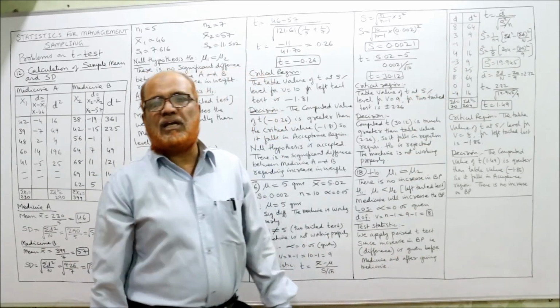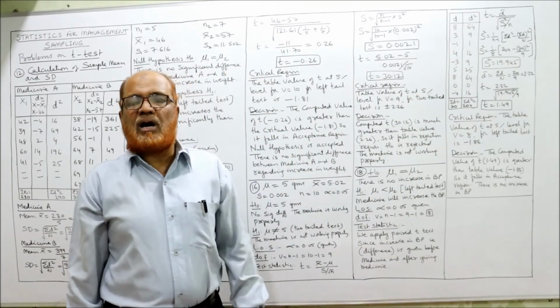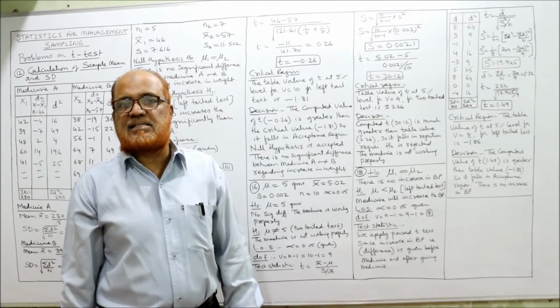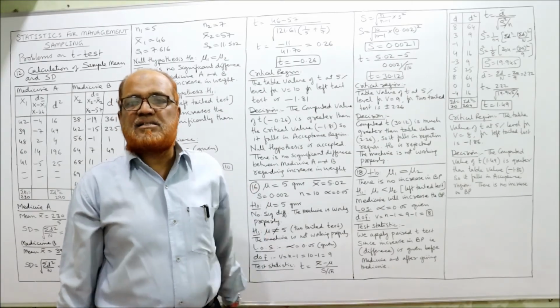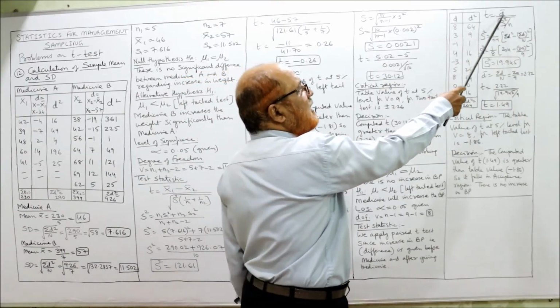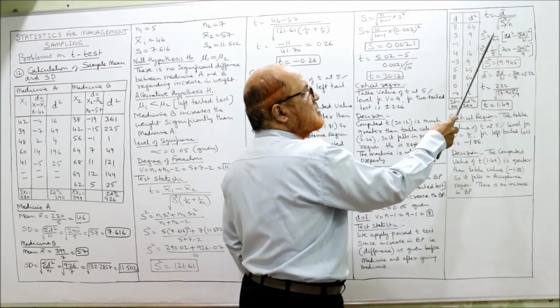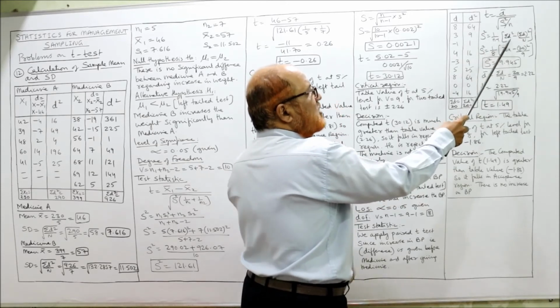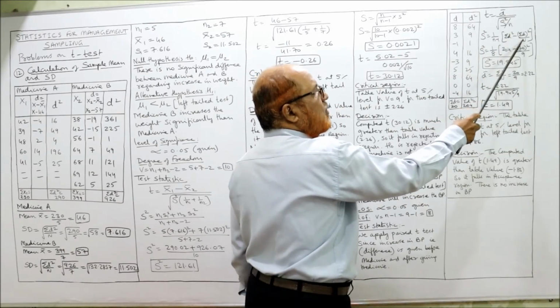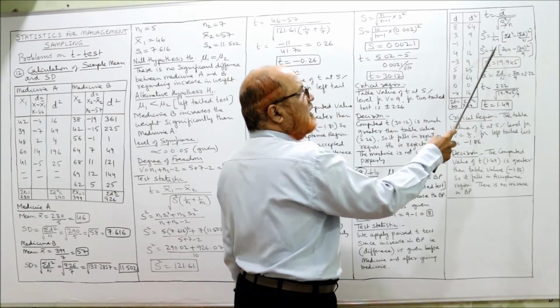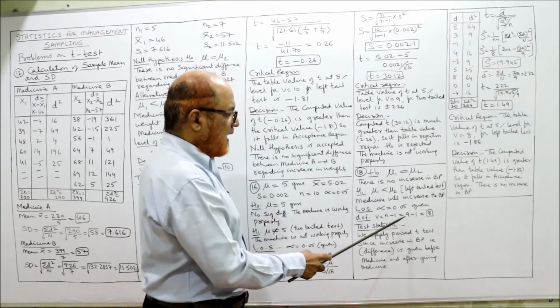T is equal to D bar. In the previous video I completed paired t-test. In paired t-test, the t value is D bar divided by S square by N under root. S square is 1 by N minus 1, summation D square minus summation D whole square by N. So N is how much? N is 9.